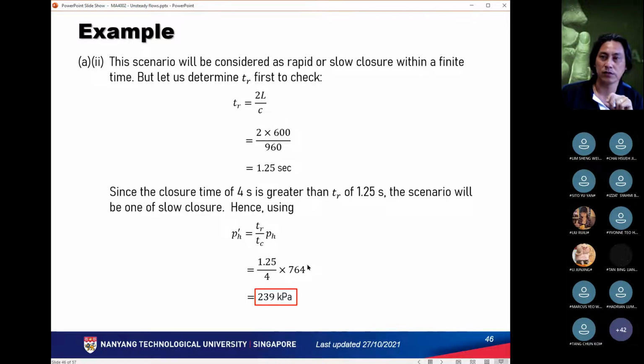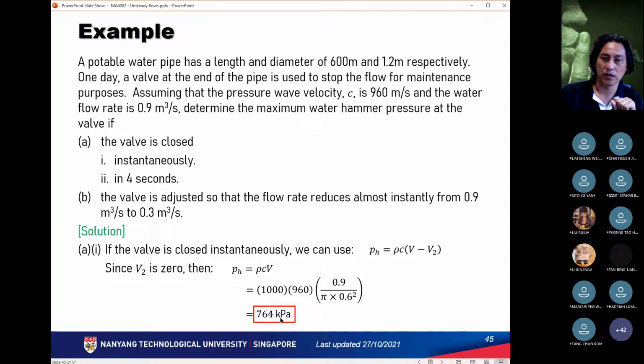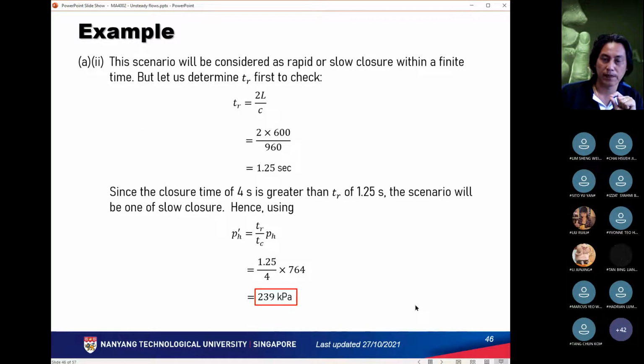I'm quite sure you know how to work this out using your calculators. In this case, the water hammer pressure for this slow closure scenario is 236 kilopascal. As you can see, 236 kilopascal is quite a bit smaller than the maximum water hammer pressure associated with a rapid closure. So this is how we make use of the relationships we've gone through so far.